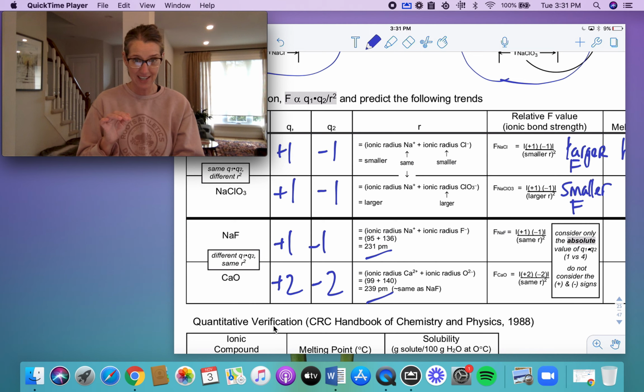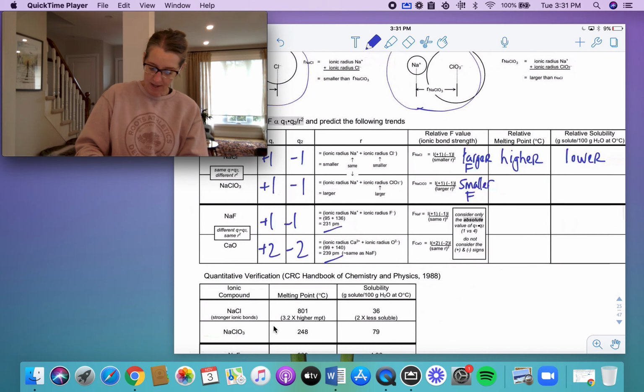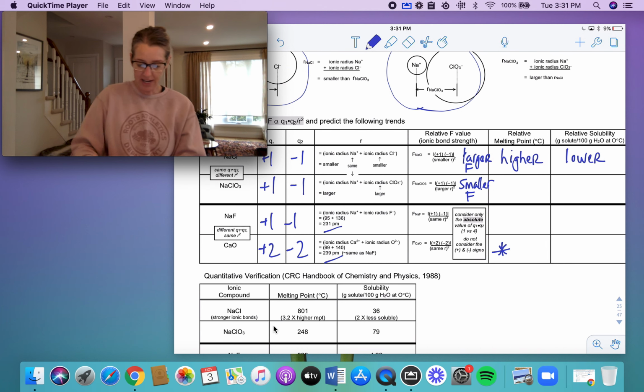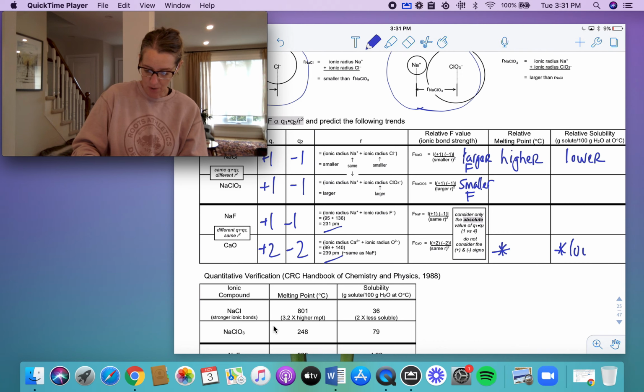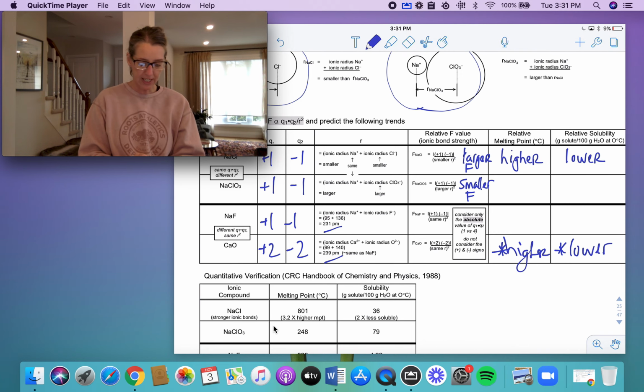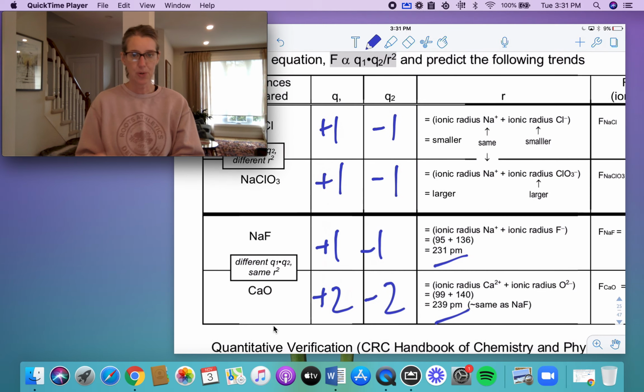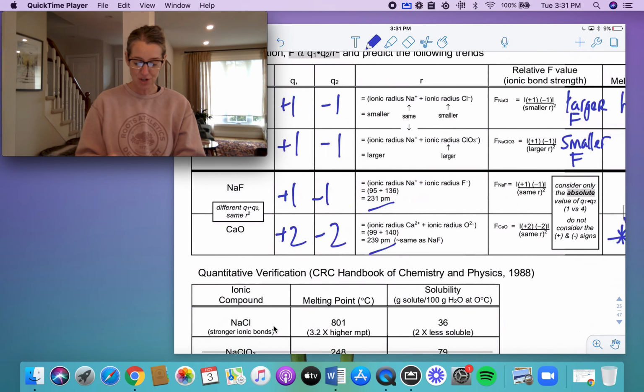They're roughly the same. But because of the bigger charge difference between them, this one is going to have a higher force, and so it will have a lower solubility if you're just comparing those two. Okay, I want you to summarize that in the corner of the note. Just make sure you've got those trends.